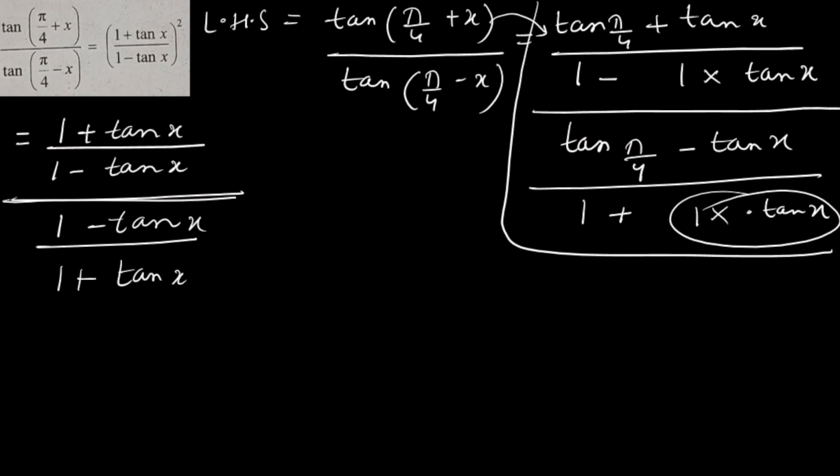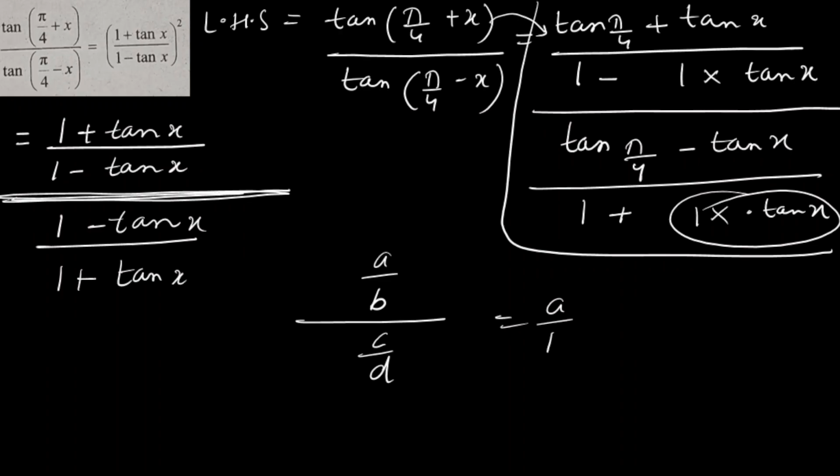So two fractions are getting divided. When two fractions are getting divided, we can use the result: a by b divided by c by d, we can write as a by b into d by c.